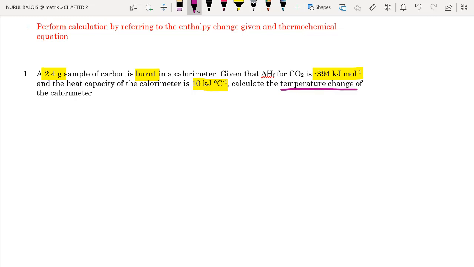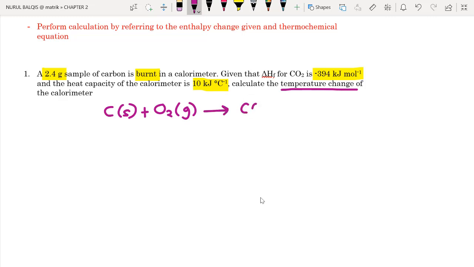Before we start doing the calculations, we need to first write the thermochemical equation for this reaction. In order to form carbon dioxide, we need to have carbon in its most stable state, which is solid, react with oxygen, since this is a combustion reaction, in gaseous state to give you 1 mole of carbon dioxide in gaseous state.